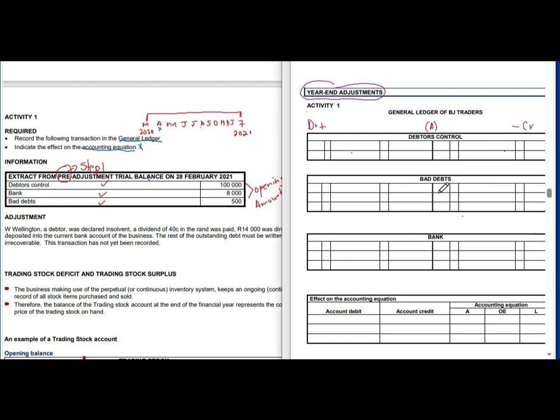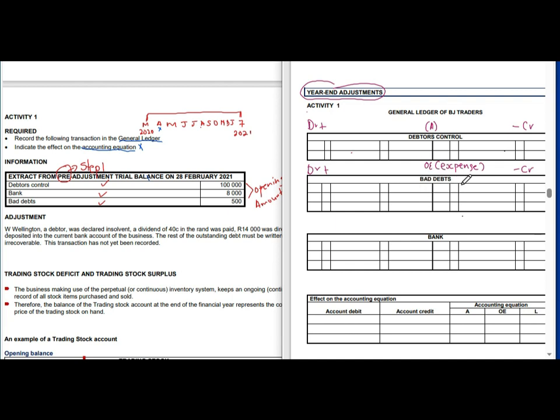Then we have bad debt, which is classified under owner's equity as an expense account. All expenses increase under the debit side, while they decrease under the credit side. It is an expense account because the business has to take out money and pay for an expense, which means it is an outflow of money in the business.